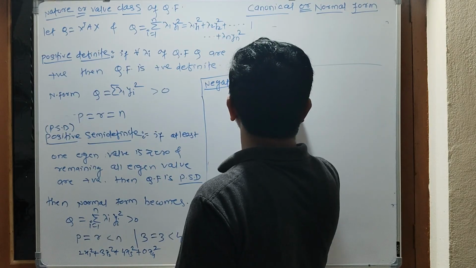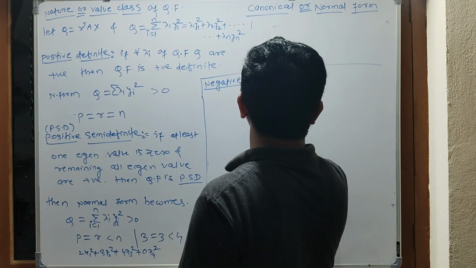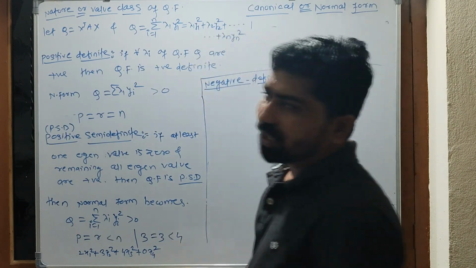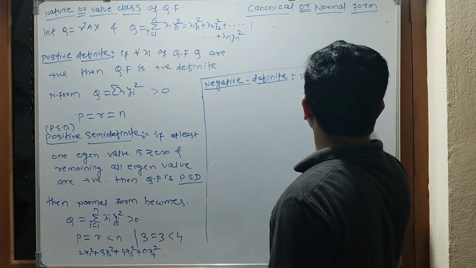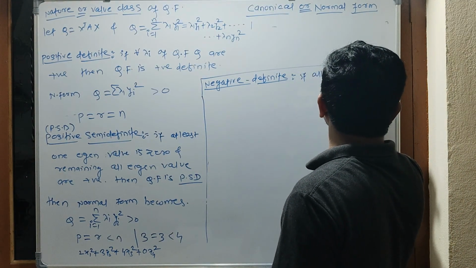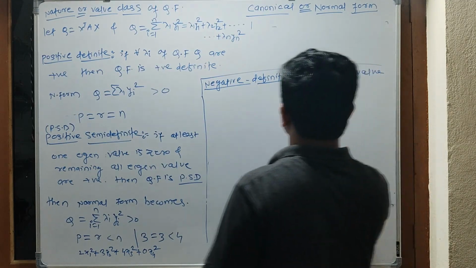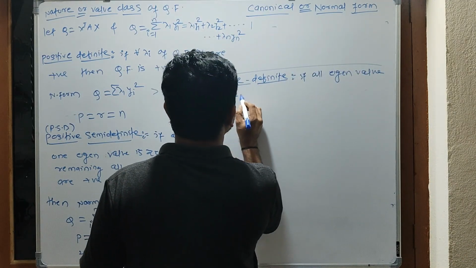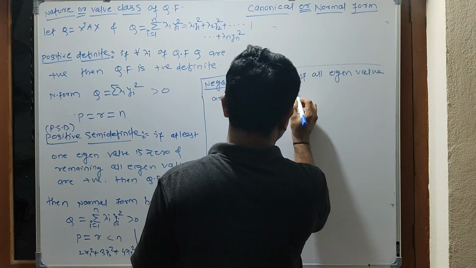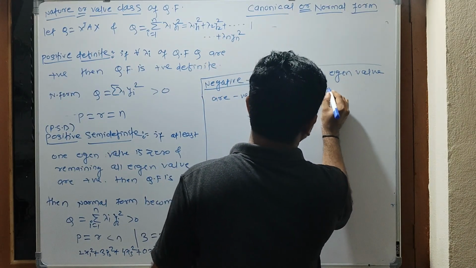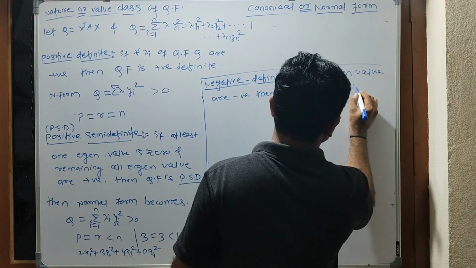If all the eigenvalues are negative, then the quadratic form is negative definite.